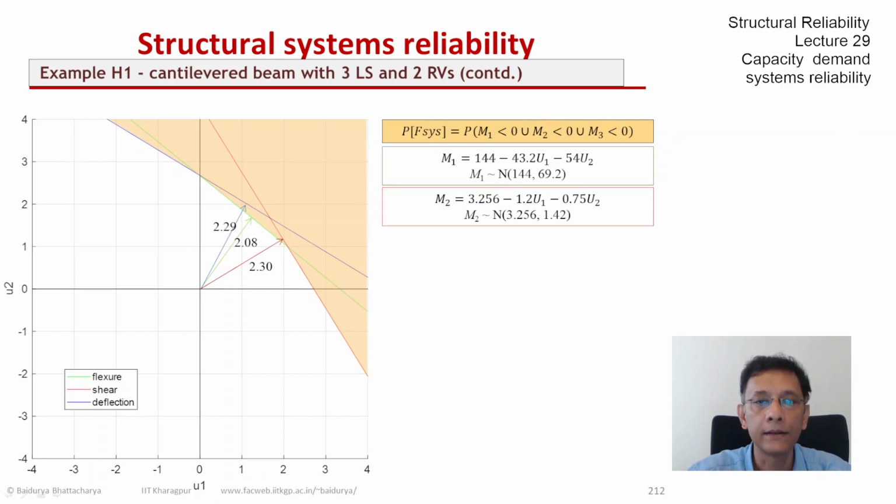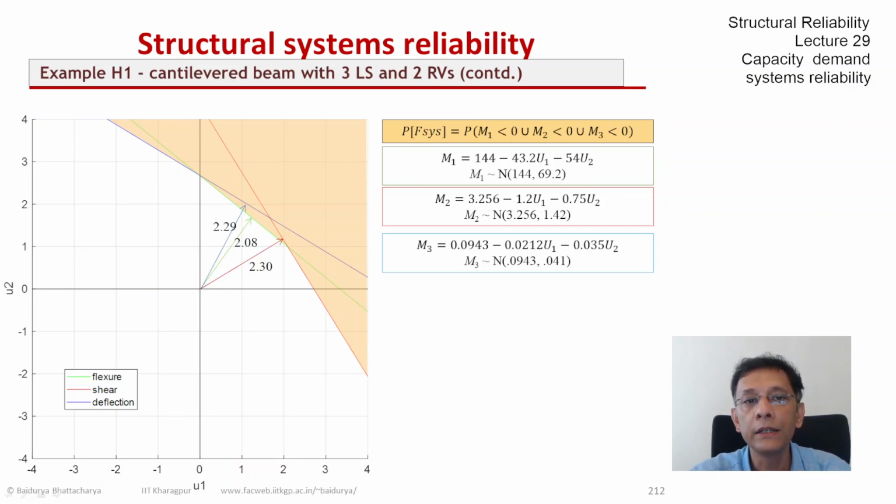We see their statistics. M1 is normal with 144 mean and 69.2 standard deviation. Likewise, M2 and M3 are each normal, but they are dependent. They are dependent because each of them is a linear function of the same two variables, U1 and U2. So even though U1 and U2 are independent, M1, M2, and M3 are mutually dependent.